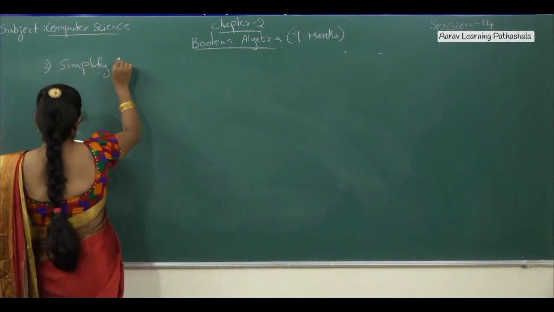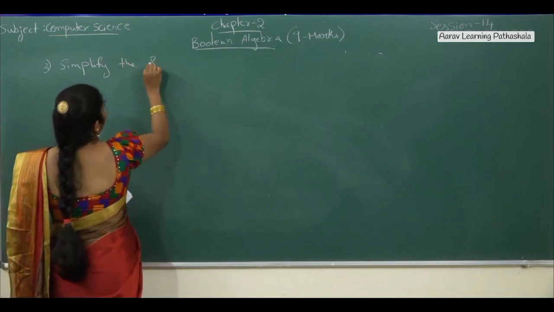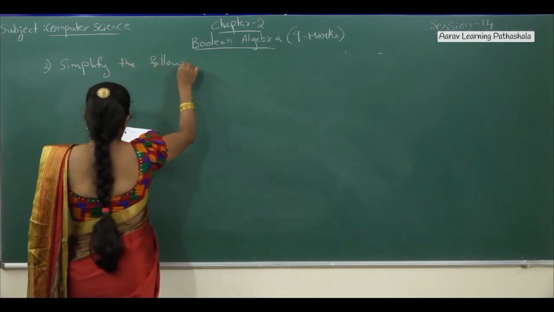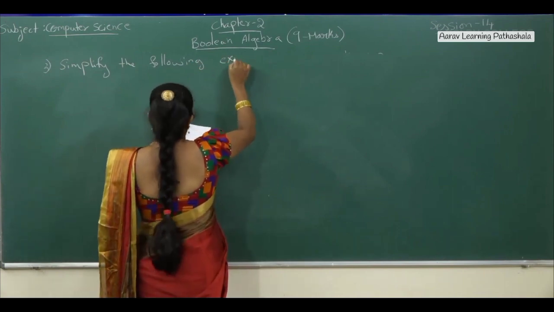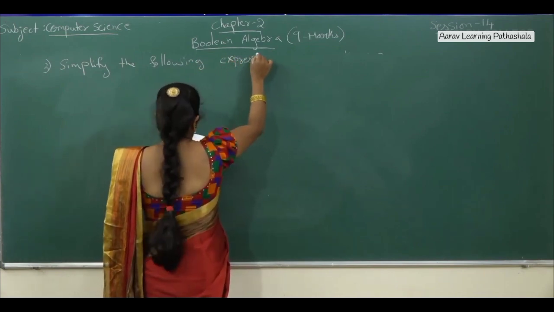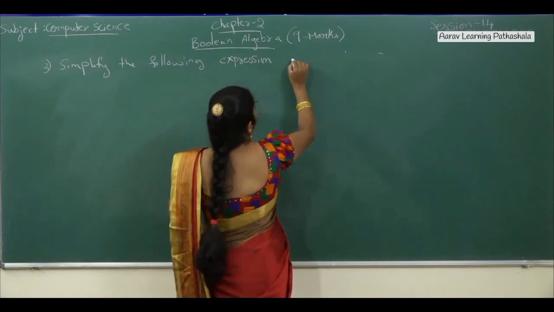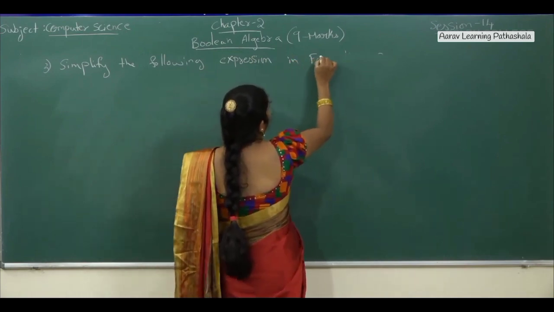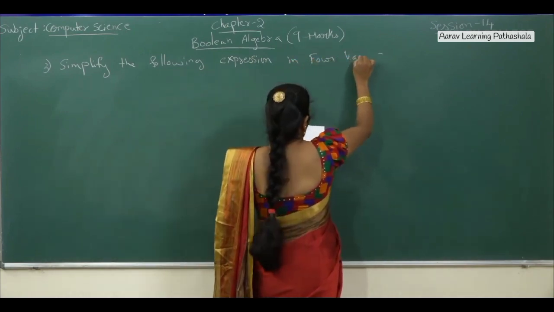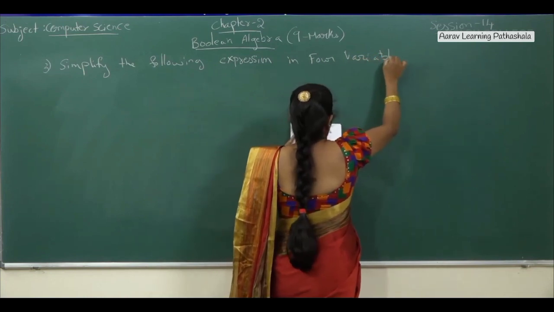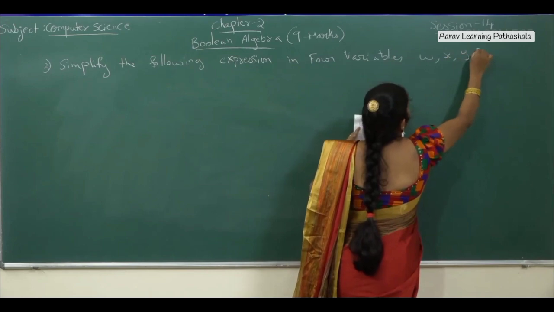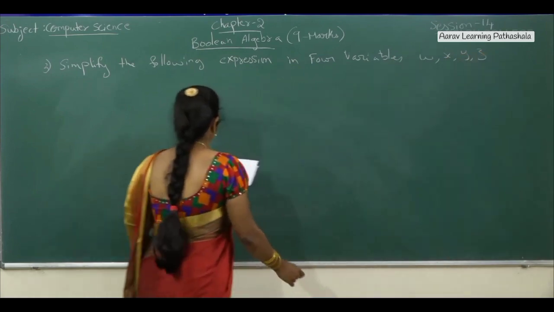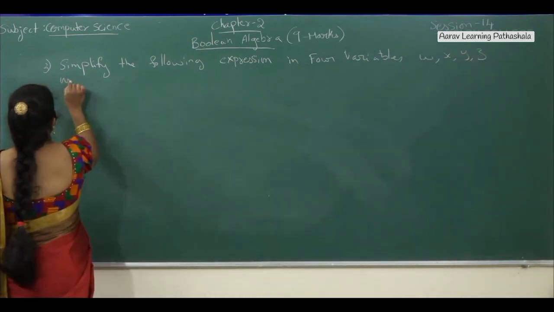Simplify the following expression in 4 variables W, X, Y, Z using K-map.